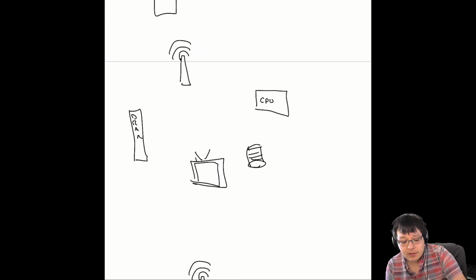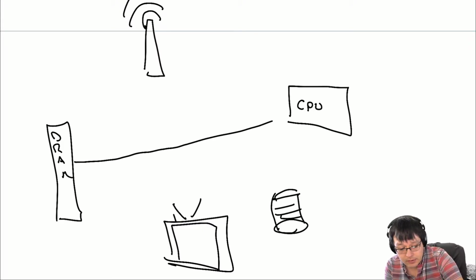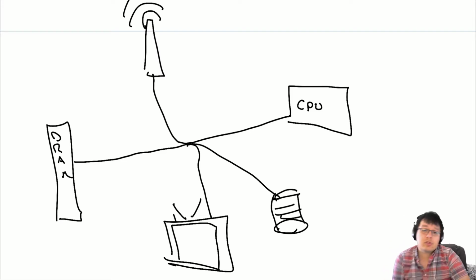One way to connect them is to have a shared cabling system. You could just have a wire that runs through all of these and unites them together.